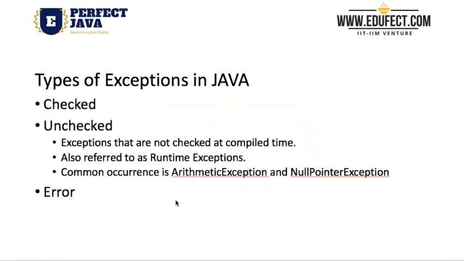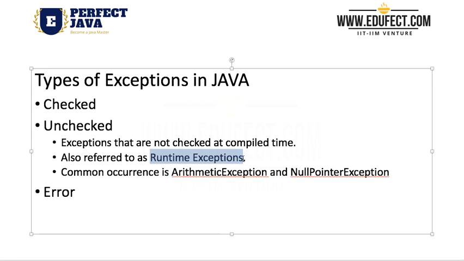The second kind of exceptions are unchecked exceptions. Unchecked exceptions are those which are not checked at compile time. They're also referred to as runtime exceptions. So they happen when the code is running, and typically the user is not very aware that they would happen.